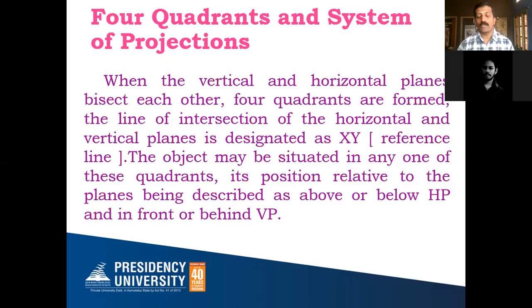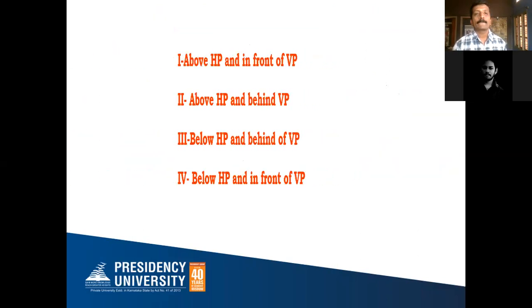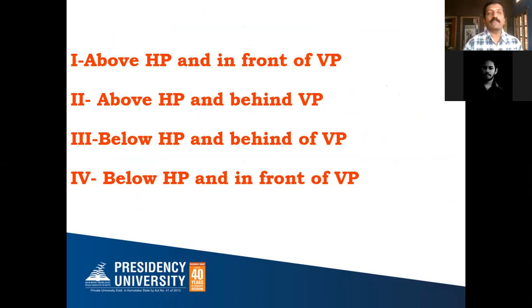Let me explain this with the help of the fourth quadrant. Always, how to identify where the object is exactly located, whether in the first, second, third, or fourth quadrant, mainly depends upon the distance with respect to HP and VP. Once again, I'll repeat it.